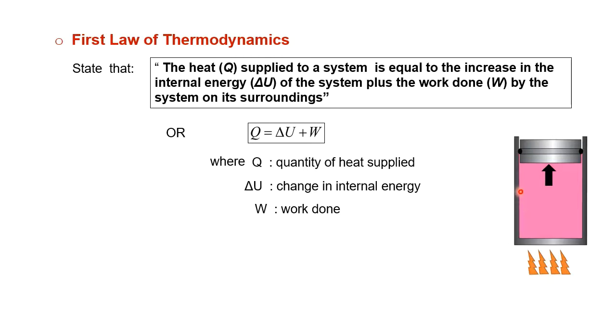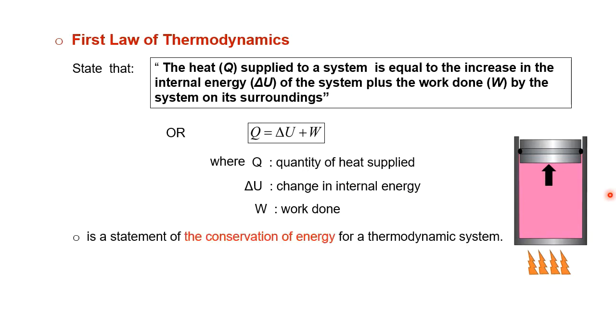Why by the system? Because this piston will move upward, that means the volume of the gas increases. When the volume increases, the work done is by the system. That is the definition of the first law of thermodynamics, and this law obeys conservation of energy.